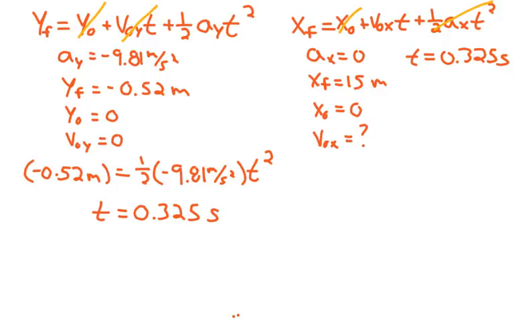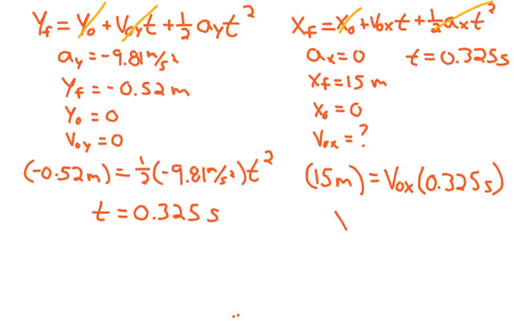So we've got 15 meters for xf is equal to v naught x, which I don't know, times t, which we just solved for, so times 0.325 seconds.